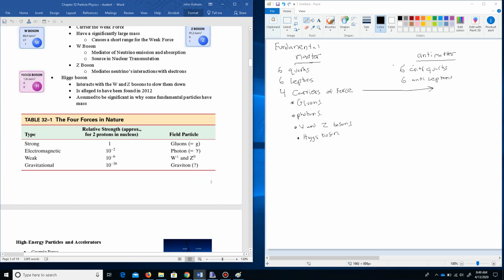Notice none of these included. So they named it the graviton, but they haven't actually found it. That's why there's a little question mark there. If they ever find it, we may have a 17th fundamental particle, but right now we don't know.